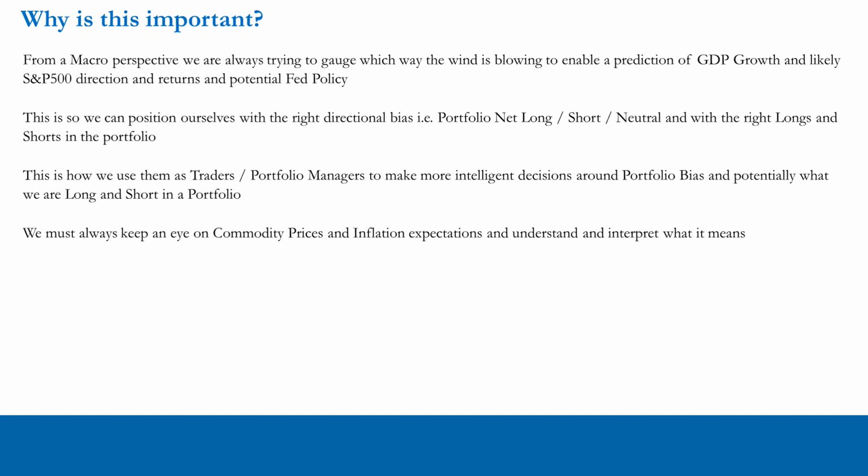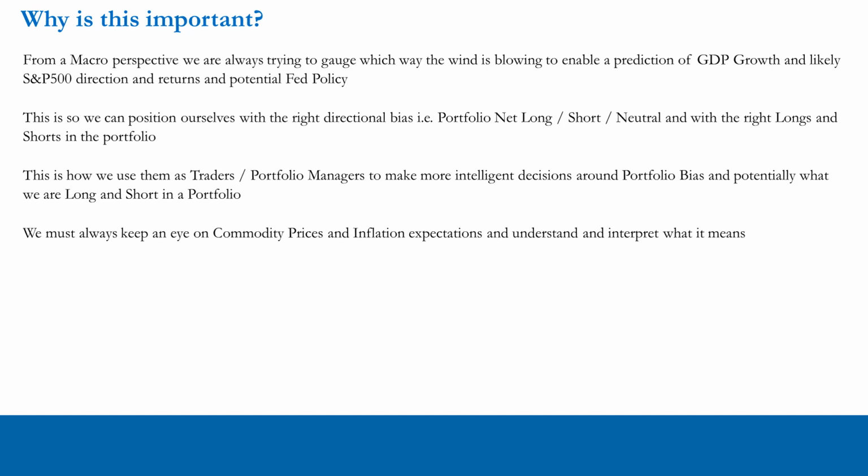This is how we use cyclical commodities to make a more intelligent decision around portfolio bias and what we want to be long and short. So we have to keep an eye on commodity prices and inflation expectations, understand them, and interpret what it all means at any one moment in time.